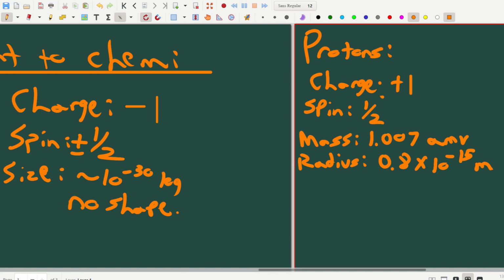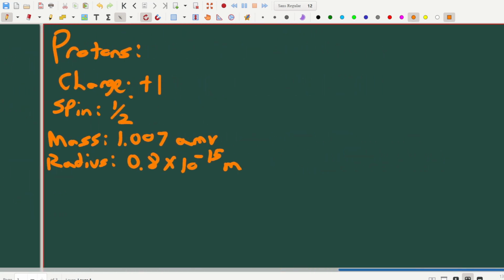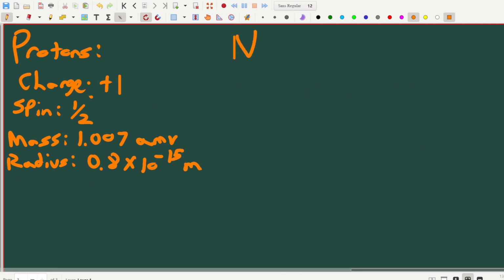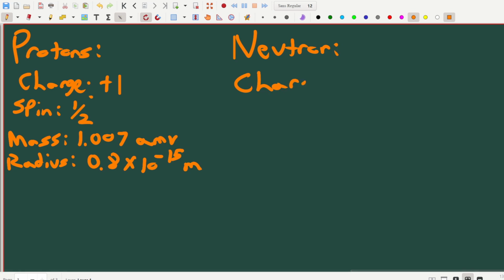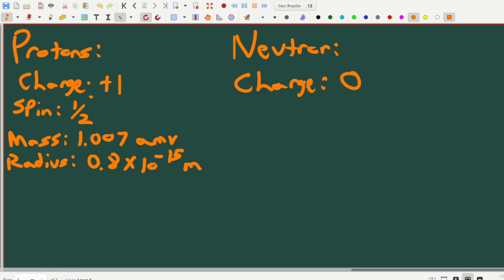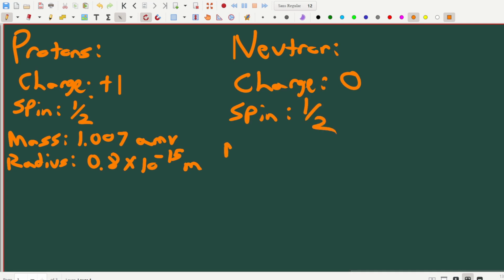All right, of course, we have one more particle in our nucleus, the neutron. It has a charge of 0. It also has a spin of 1/2. If I remember correctly, it's about the same size as the proton.